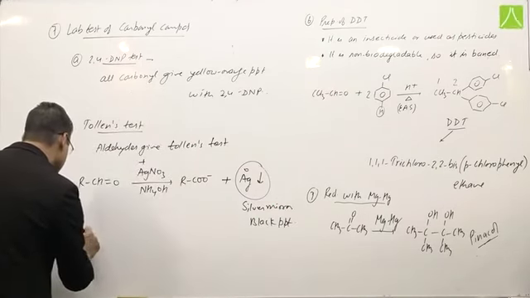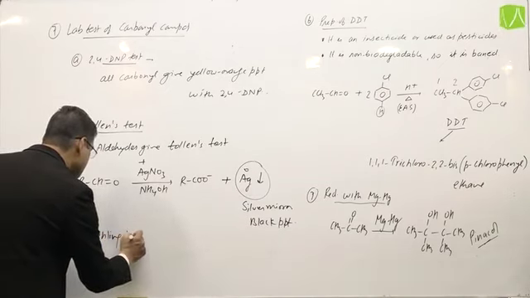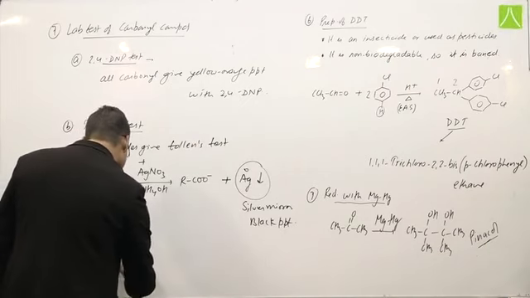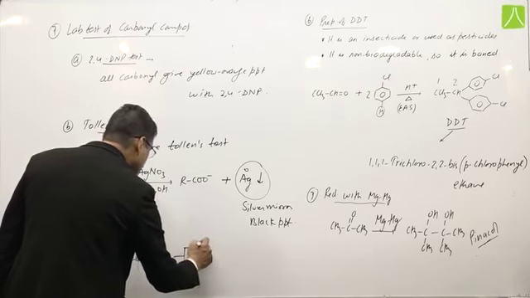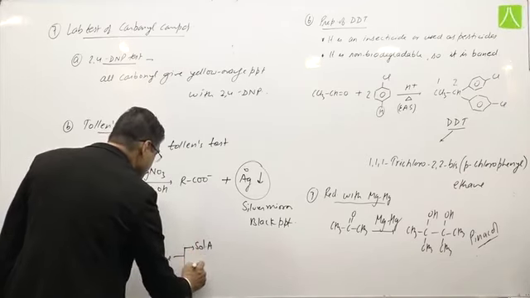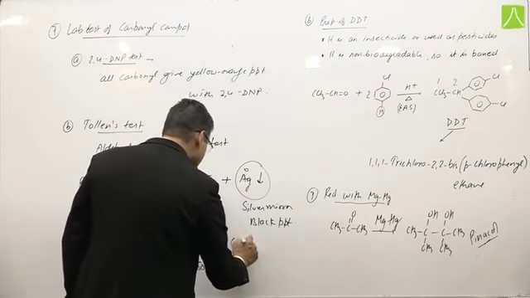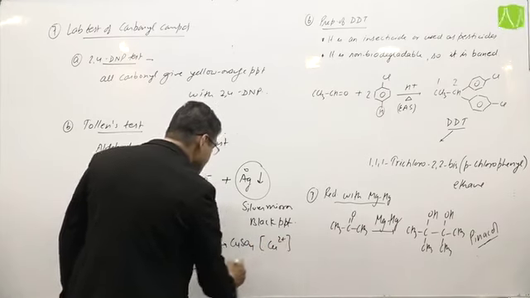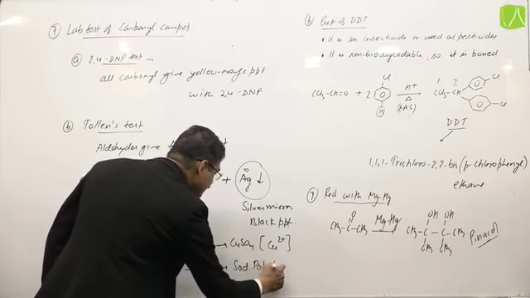The third is Fehling test. In Fehling test, there are two reagents, solution A and solution B. Solution A is the copper sulfate, that is copper in +2 state. Solution B is sodium potassium tartrate.